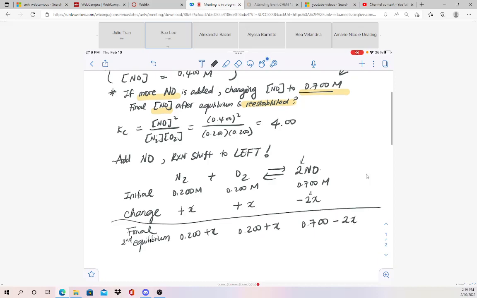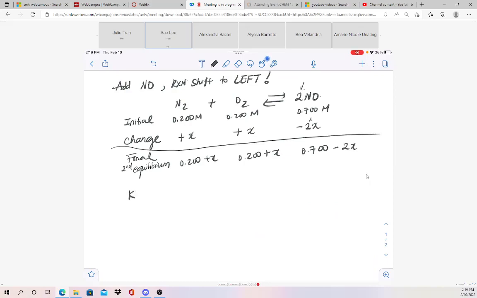Okay, so then what would be the new Kc? Not new Kc. You're not changing the temperature, so Kc will always be the same, right? Unless temperature changes. So Kc is the same regardless.